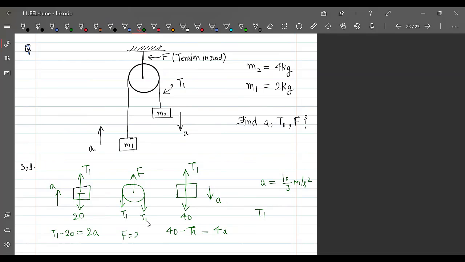So F will be equal to twice of T1. So T1 will be 40 minus 4, 80 by 3 Newton. T1 is 80 by 3 Newton and force will be 160 by 3.